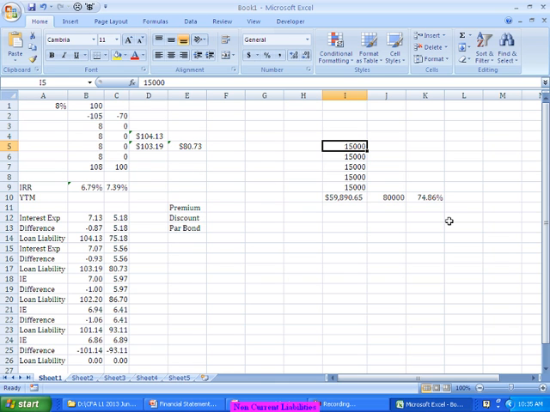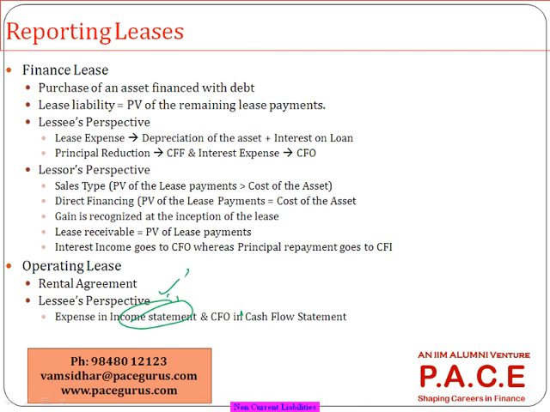So the entries are very simple. From a lessee standpoint, an expense of 15,000 is shown in the income statement, and from a lessor standpoint, a revenue of 15,000 is shown. Only that much. Because you are paying 15,000, your cash flow statement will show a negative 15,000 in the cash flow from operations. So the cash will come down by 15,000, nothing else.